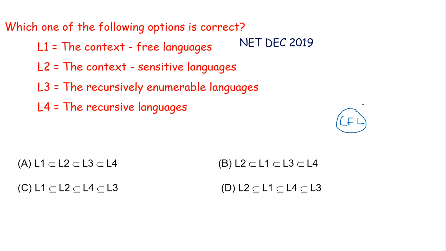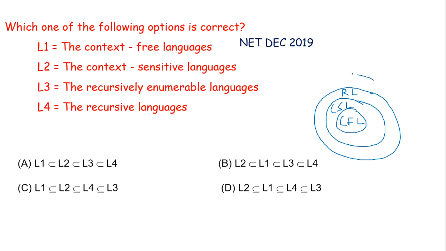Then there will be context-sensitive languages in the outer loop. It is CSL, context-sensitive languages. Then we have recursive languages, so I'm representing recursive languages as RL. And then we have recursively enumerable languages, so it will be REL. So this is the relationship between all these languages.